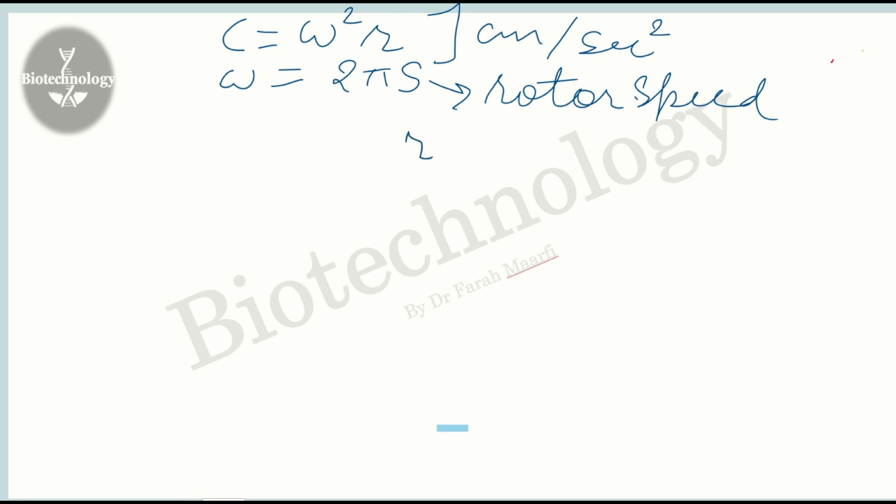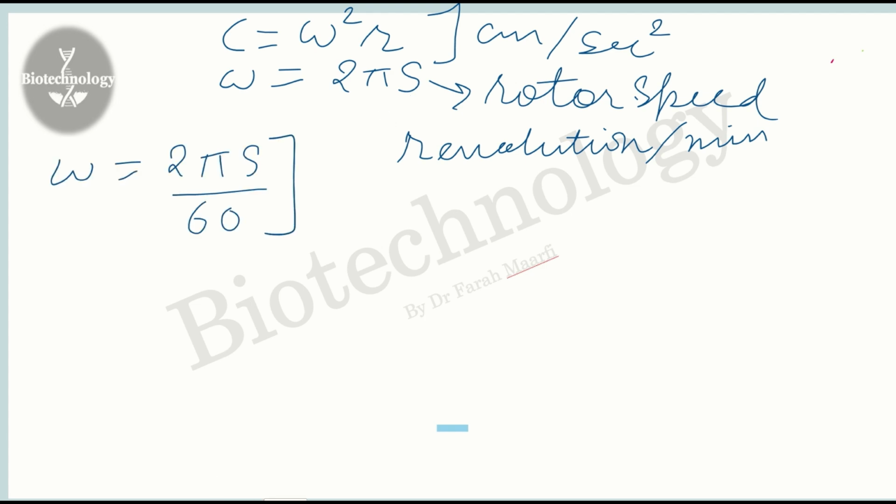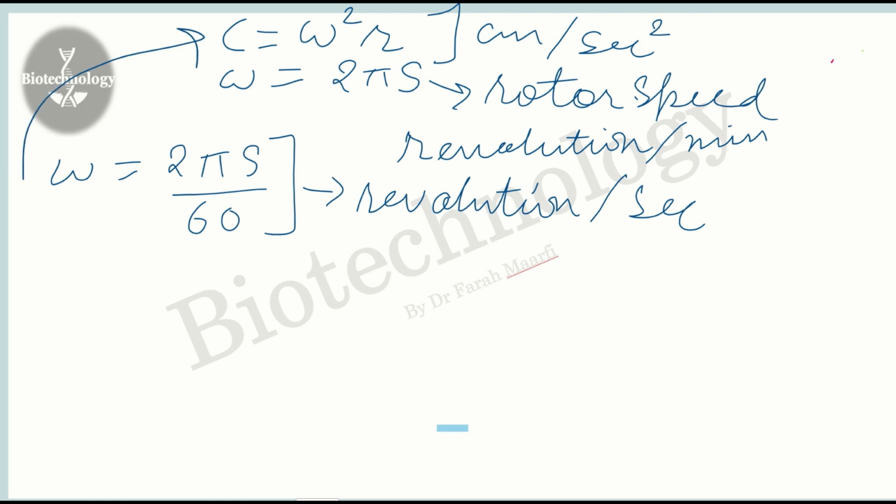The rotor speed is in terms of revolutions per minute, and now you want it in terms of revolutions per second. So for that you have to divide 2 pi S by 60. Then the equation will become 2 pi S divided by 60, and the whole term will be in terms of revolutions per second.